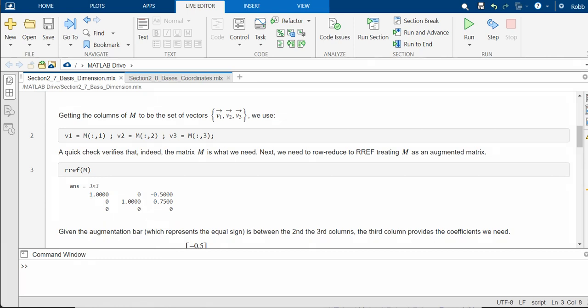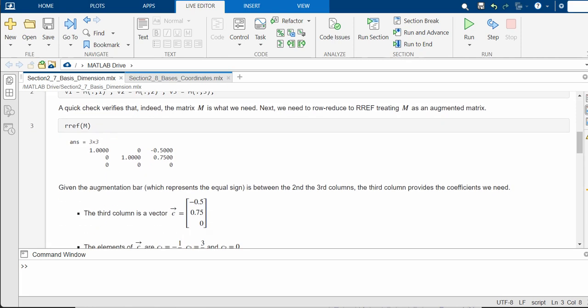Okay, so let me get rid of the ink and scroll up just a little bit. All right, so this is what we're talking about. The equal sign is here. So we're saying the value for C1 that we need is -1/2. And the value for C2 that we need is 3/4. Okay, and then of course there's all zeros on the bottom, which makes sense.